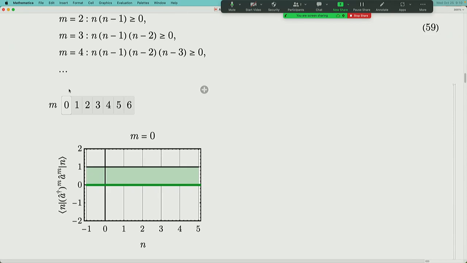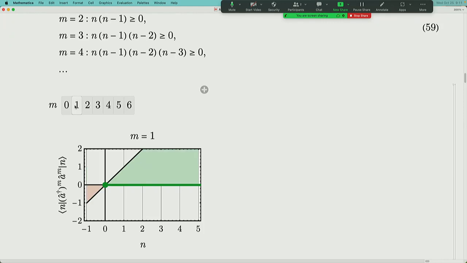So I'm drawing 1 here as a function of n, meaning that independent of n, it is constantly 1. And 1 is always greater or equal than 0. So the feasible region for this eigenvalue n will be the full real axis if you only consider the m equals 0 condition. So that doesn't bring you anything more.